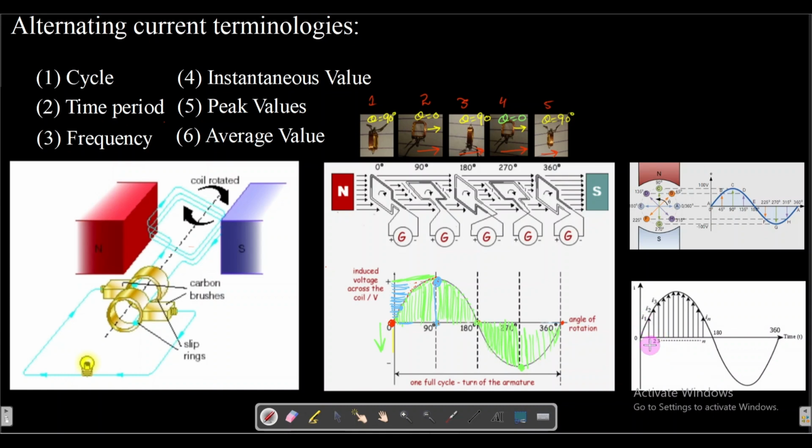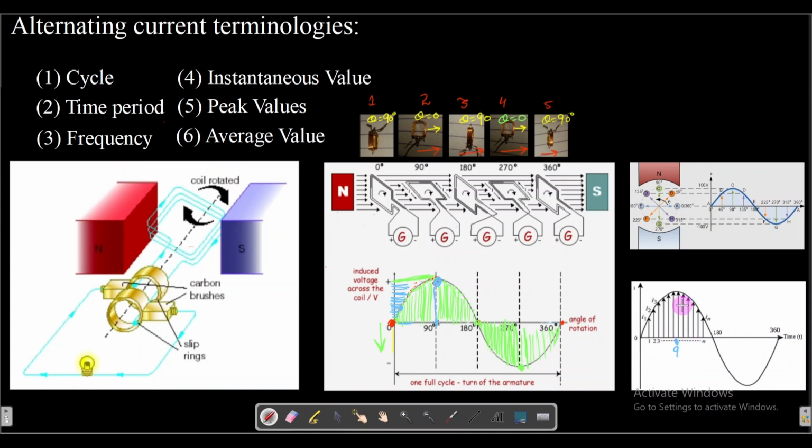So let's say this is the first instantaneous value, this is the second, third, fourth, fifth, sixth and seventh, and up to here it will become maximum. Let's say this is 1 ampere, this is 2 ampere, 3 ampere, 4 ampere, 5 ampere, and up to here let's say this is 9 ampere.